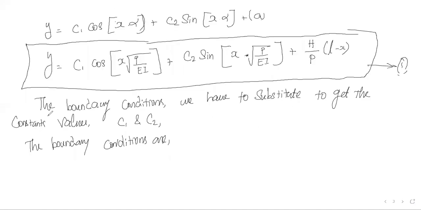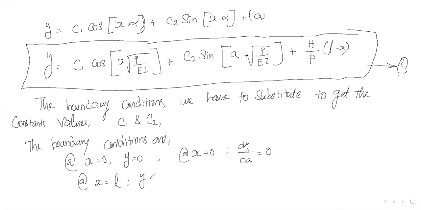Okay. So now the boundary conditions are at x is equal to 0, then y is equal to 0. Similarly, at x is equal to 0, slope dy by dx is equal to 0. And another condition, at x is equal to L, then y is equal to 0.